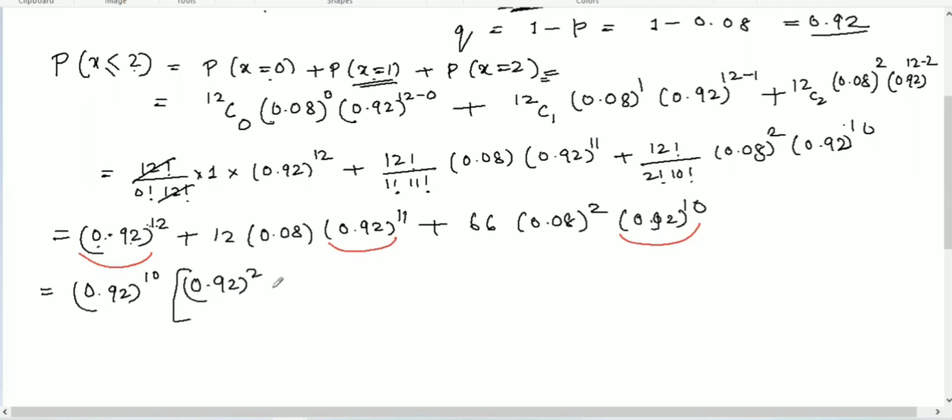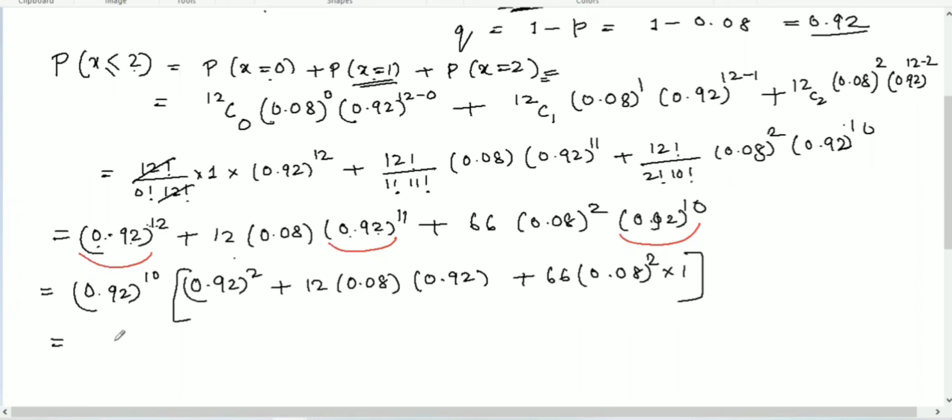Then 12 multiplied by 0.08, and only 0.92 is left. Plus 66 and 0.08 to the power 2, multiplied by 1.